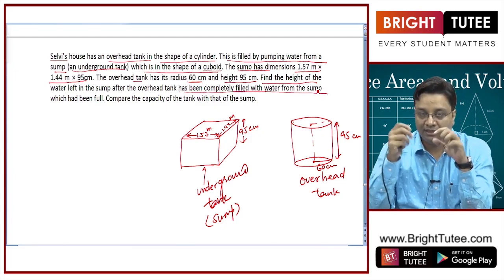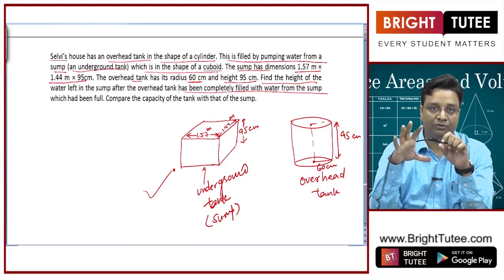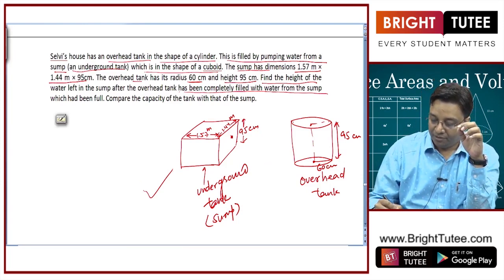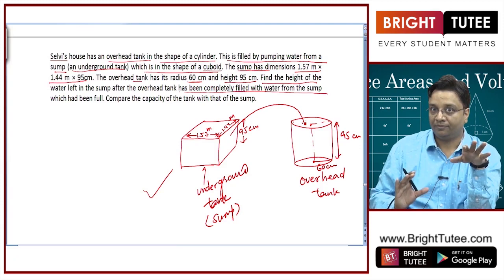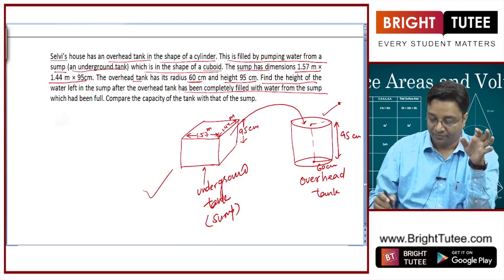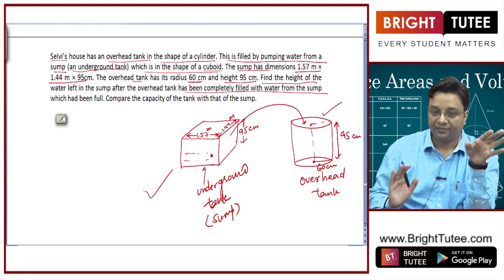The situation is that this underground tank or sump is full of water. And we pump this water, or take out this water, and fill this overhead tank with it. Once this tank is full of water, some water will remain in the sump.